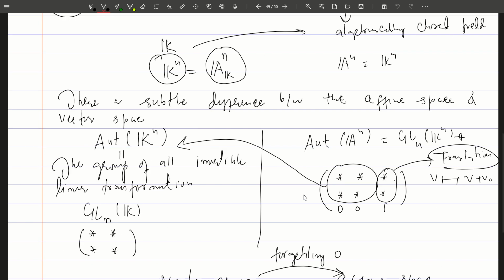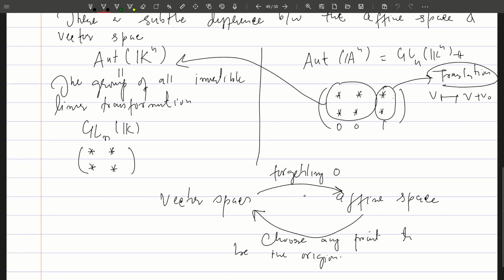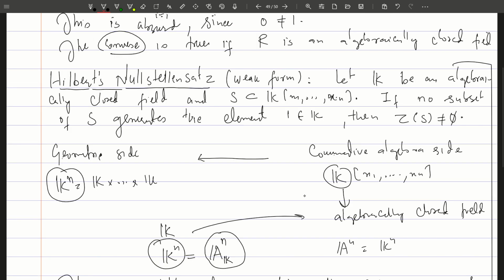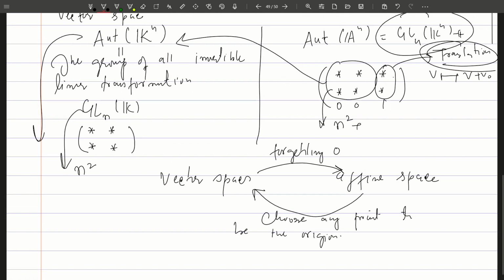However, in the vector space, I forgot to mention over here, this automorphism group has dimension n square, which comes from this thing over here, and the dimension of this group over here is n squared plus n, which is the same as n times n plus 1.